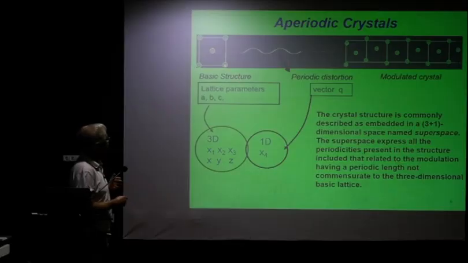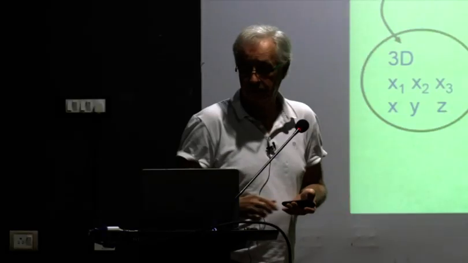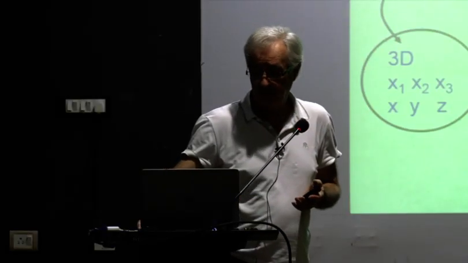And so what we have is a basis structure, which is the L10, and then these are moved around so that we've given a periodic distortion, and thereby we get the so-called modulated crystal, which is represented by the lattice parameters a, b, c in 3 dimensions, and then you need the extra dimension of this Q vector, which would be the modulation vector.